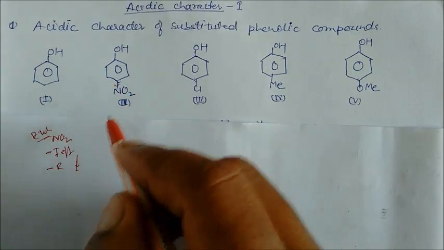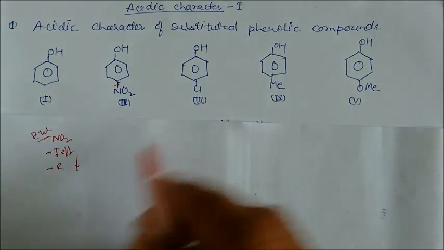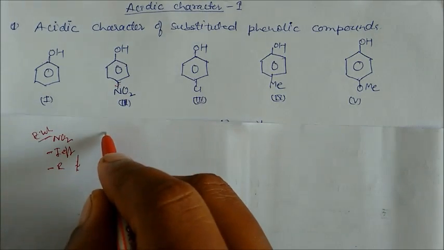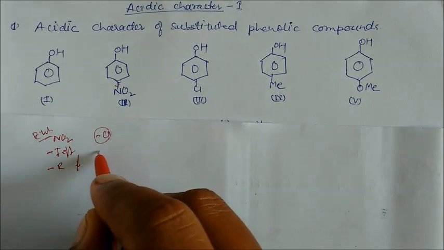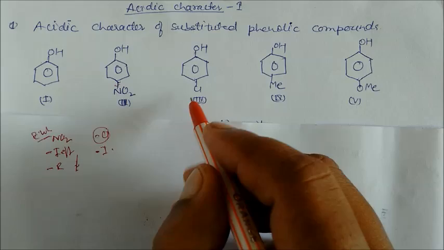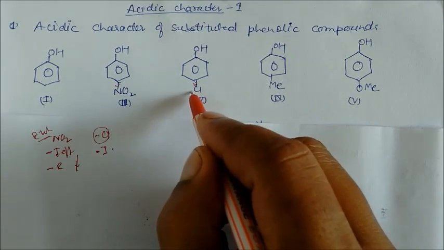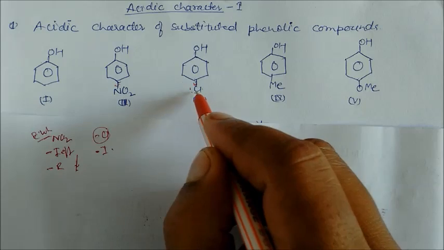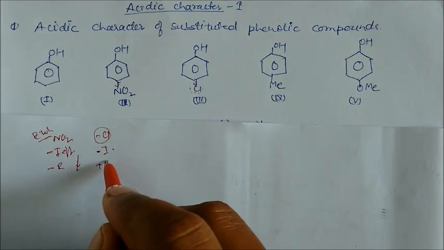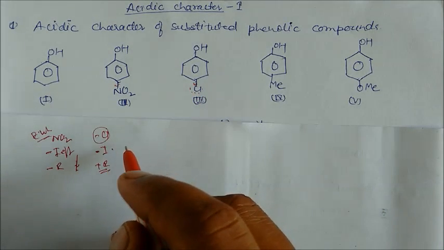Now if you take Cl, what will happen? It also has a minus I effect because it will also withdraw electrons towards itself, and due to the lone pair present on the chlorine, it will also give a plus R effect here.